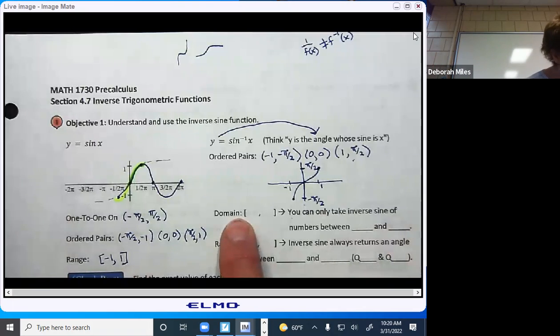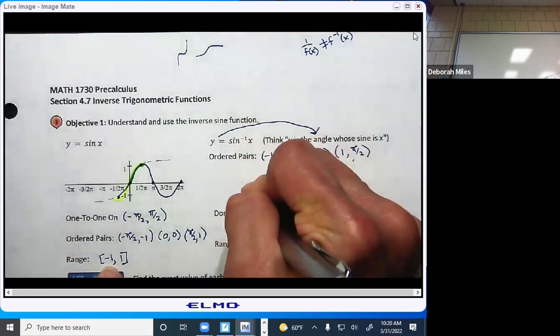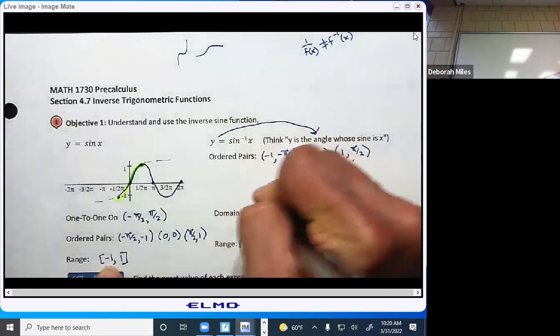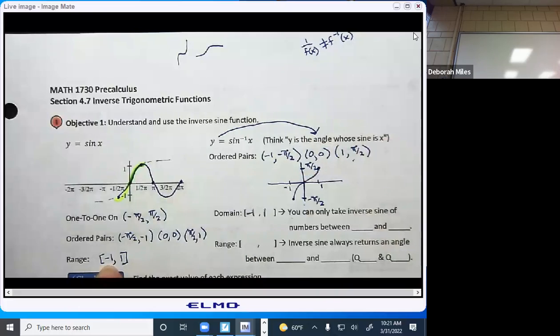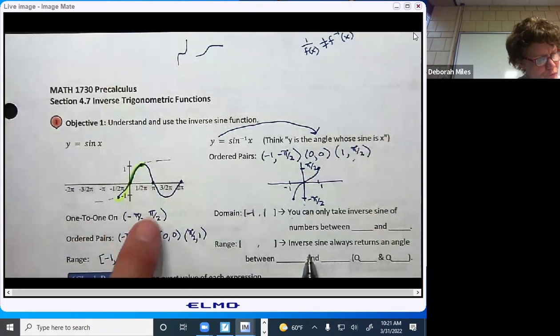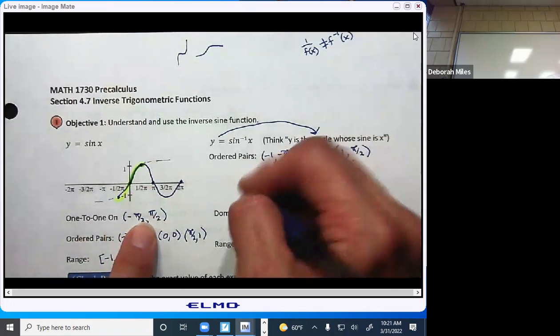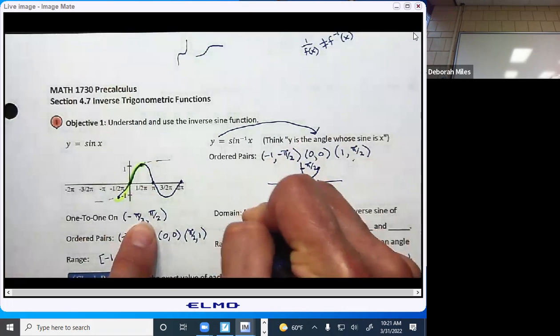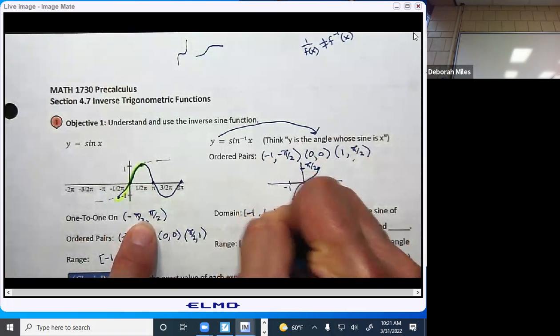So the domain of inverse sine is the range of sine. And the range of inverse sine is what we chose for that restricted domain, negative pi over 2 to positive pi over 2.